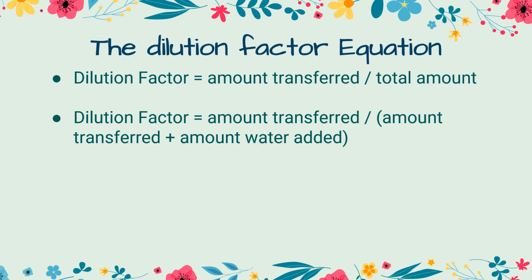Or it can be written as dilution factor equals the amount transferred divided by the amount transferred plus the amount of water added. So if we look back at our former examples, 1 milliliter of coffee plus 9 milliliters of water would be 1 over 10, what I've added to my total.